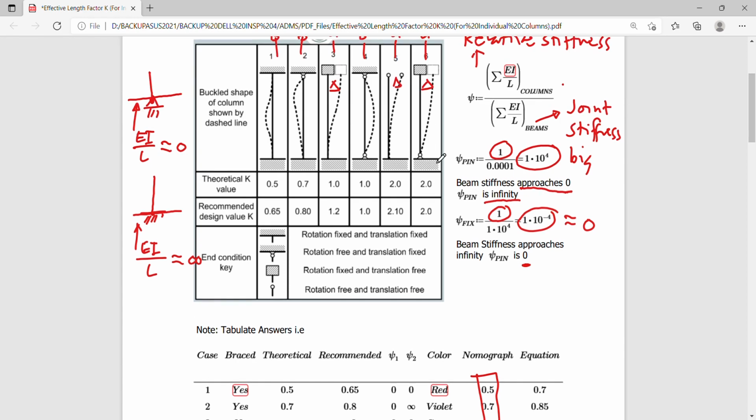So this has a pinned condition at the top and the pinned condition at the bottom.